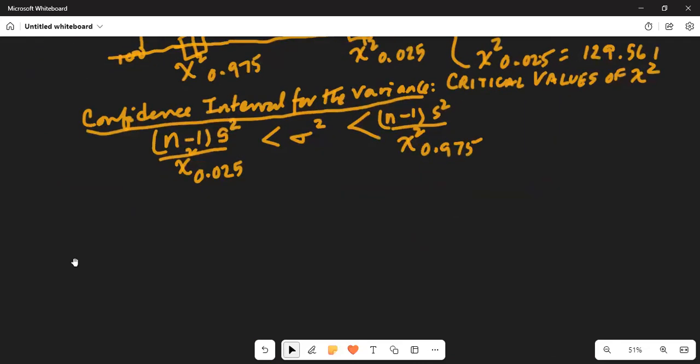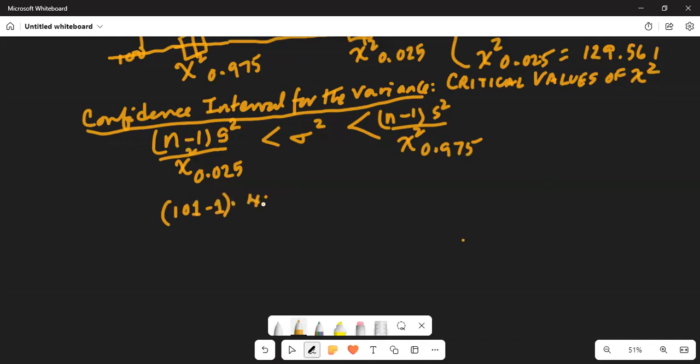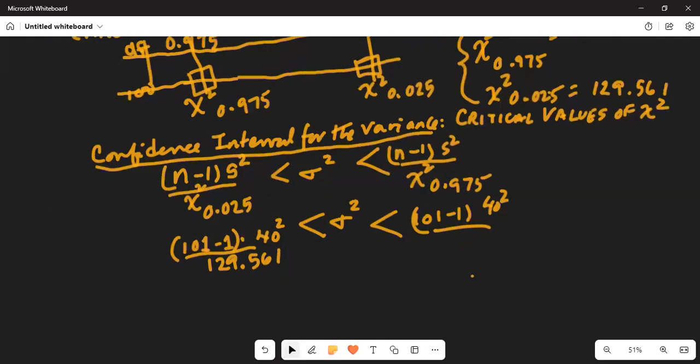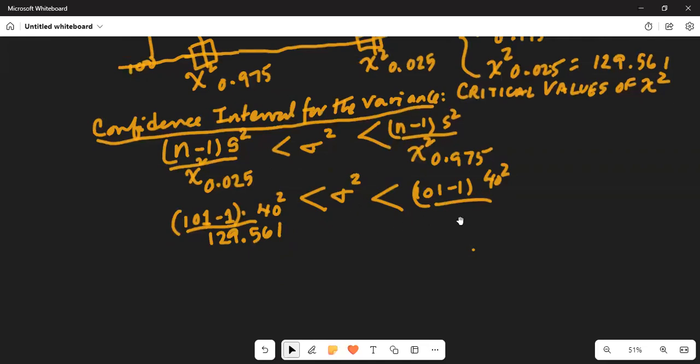So if I plug in the values, the sample size is 101 minus 1, times s, which is 40 squared, divided by chi-square 0.025, which is 129.561, less than sigma square, less than 101 minus 1 times 40 squared divided by the critical value of 74.22.